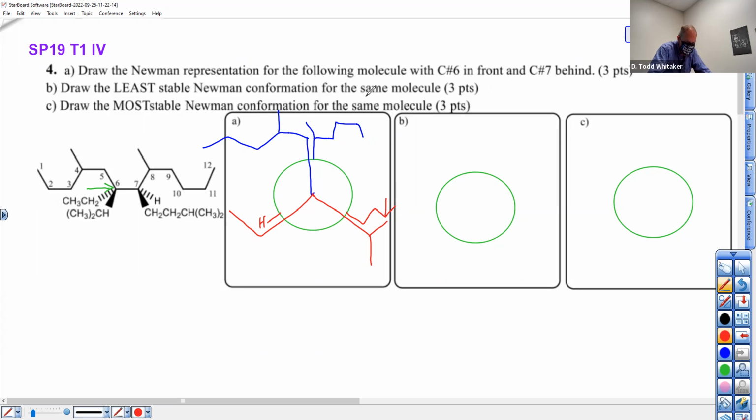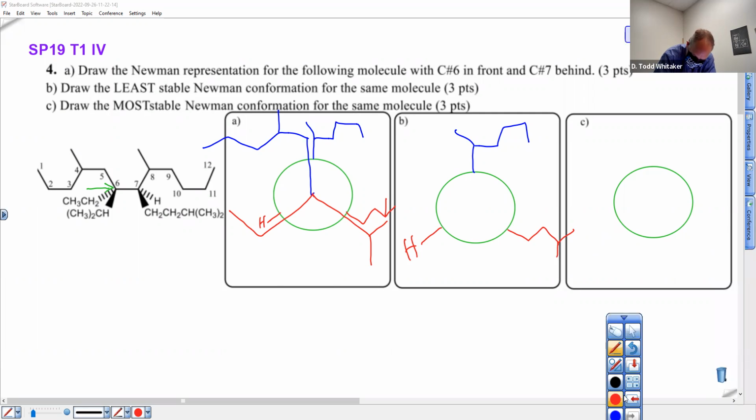And it doesn't tell you which one you have to rotate. So what I'm going to do is just copy the back carbon for all of them. I'm going to rotate the front. You could have rotated the back if you want. And then we got isopentyl and an H and an H. Oops, I ran out of room.